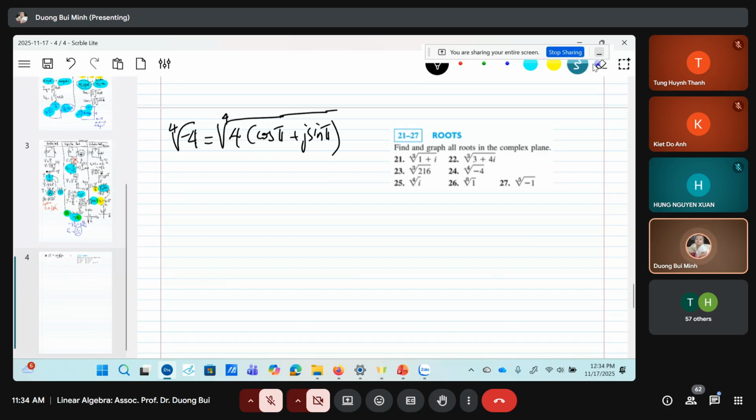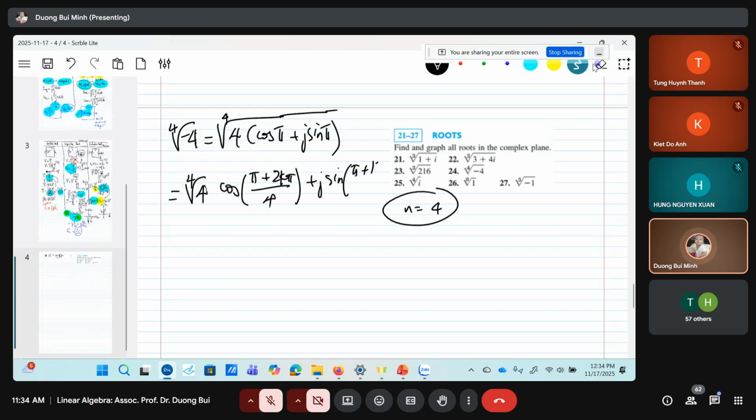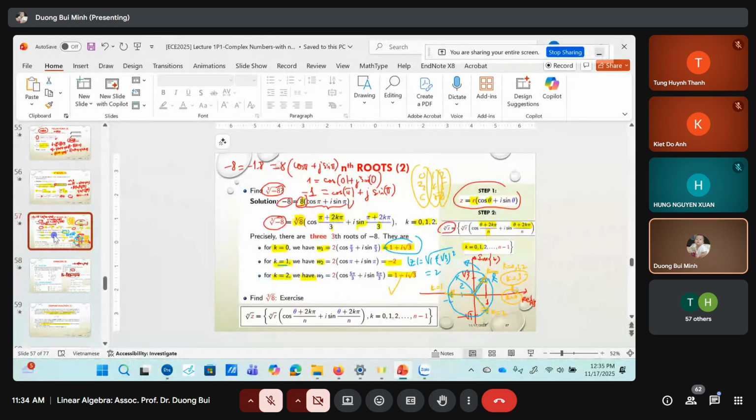That means you can get any root. So we can get the fourth root of 4 with cosine of pi plus 2k pi over 4 plus j sine of pi plus 2k pi over 4. Okay, this one like this.